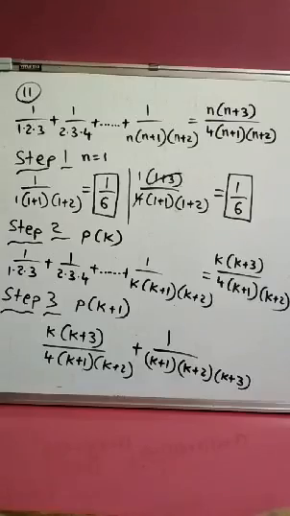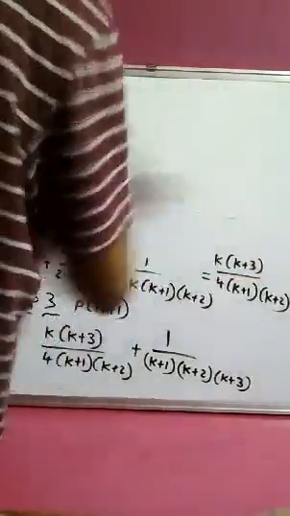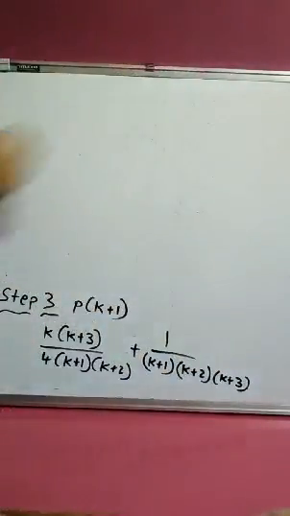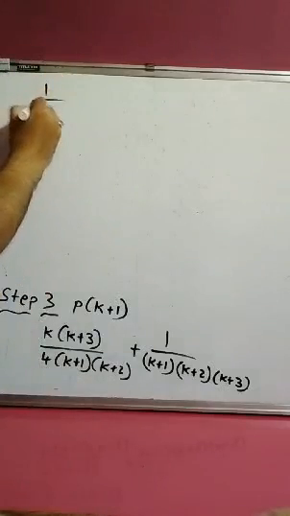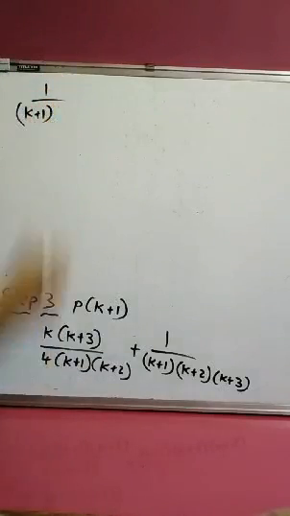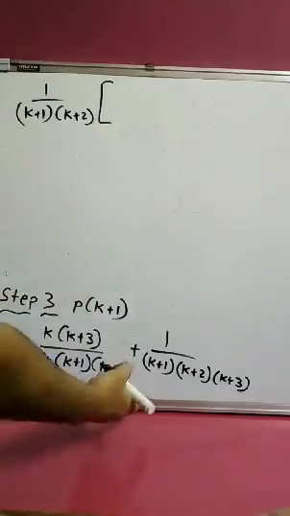Okay, so now what I am doing, from here I am taking common 1 upon (k plus 1) into (k plus 2).